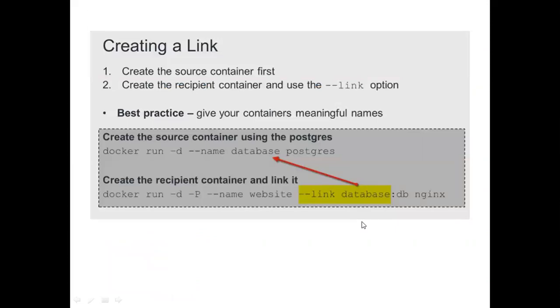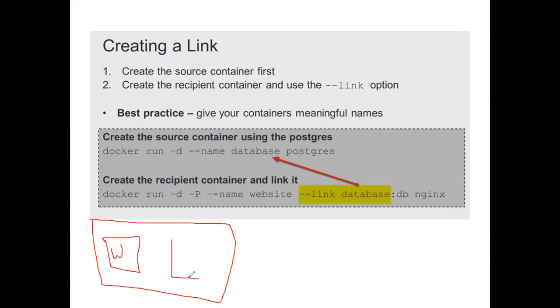Okay, so I do not want to do port mapping and everything, but I want that there are two machines here. One probably has a web server, anything. And I have one more container.